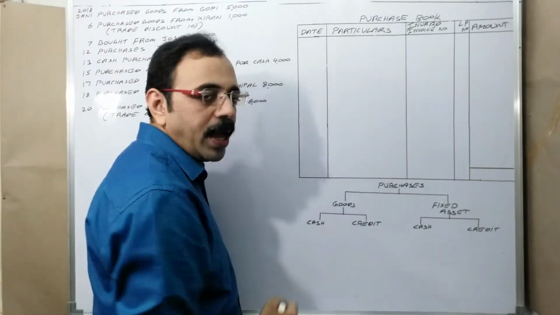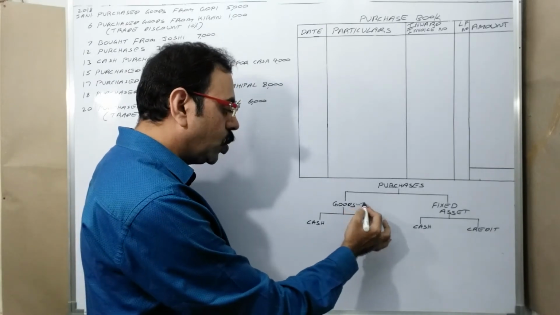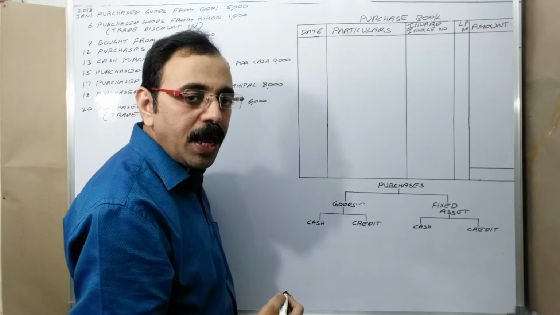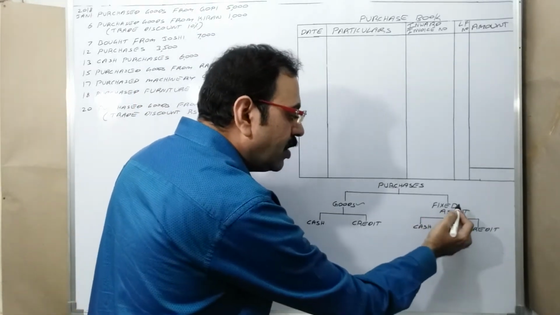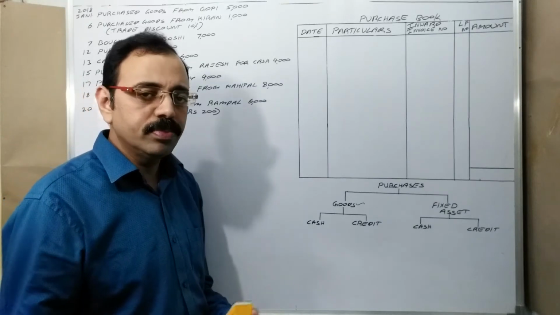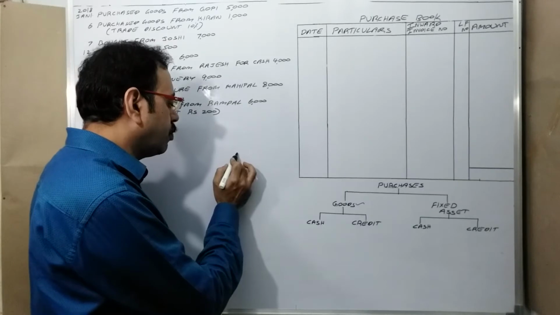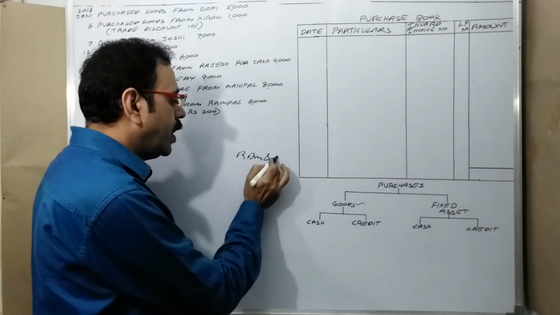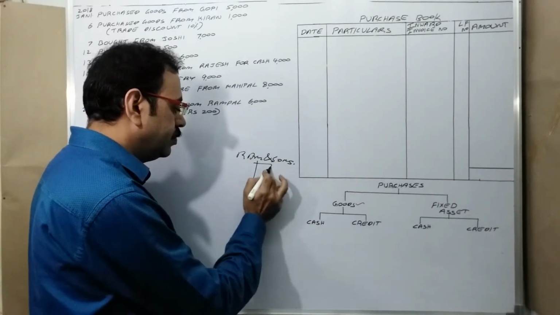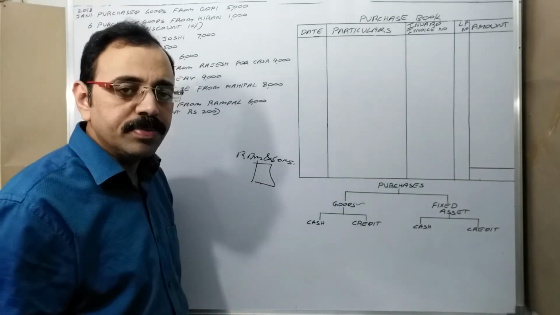Purchases are of 2 types. Sometimes the firm purchases goods. Sometimes the firm purchases fixed assets. What is the difference between these two? Let us see. Suppose there is one stationery shop, Ram and Sons. They do business with what?